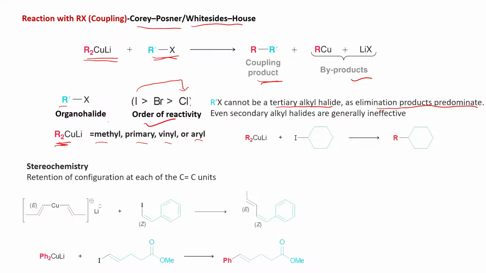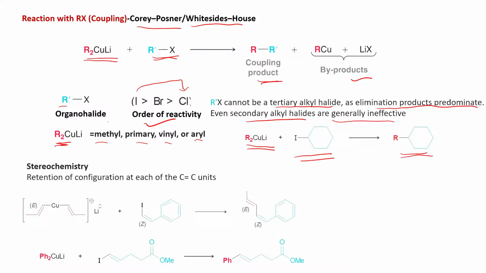Also with secondary alkyl halide, you will get elimination product, but here are some exceptions. When you treat organocopper lithium compound with cyclic iodide, you will get your product.